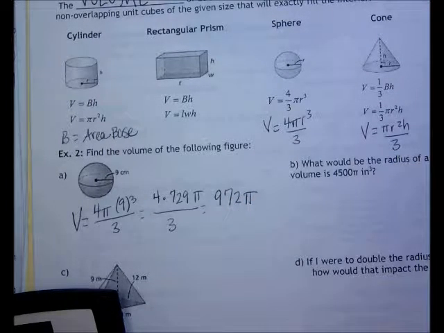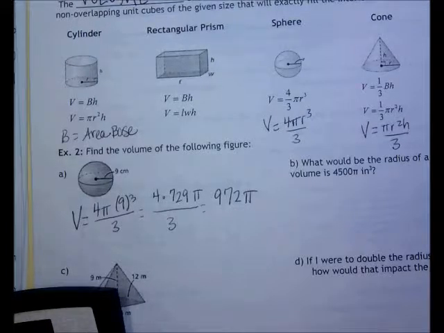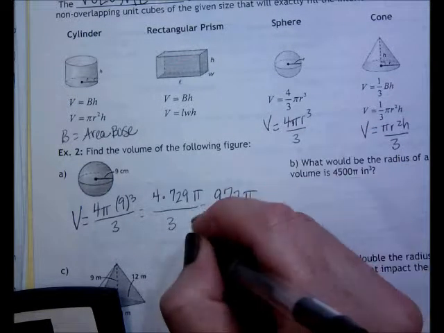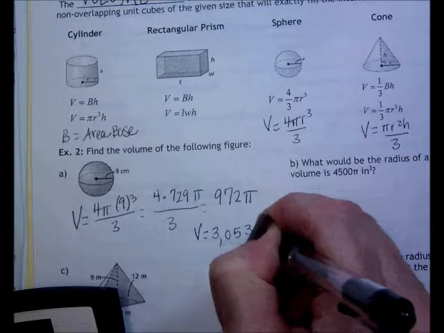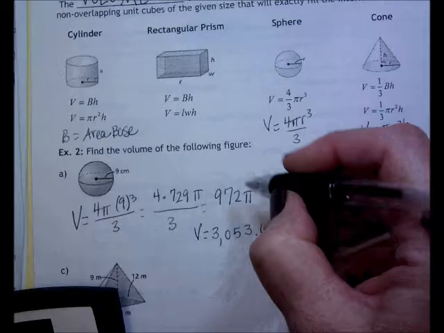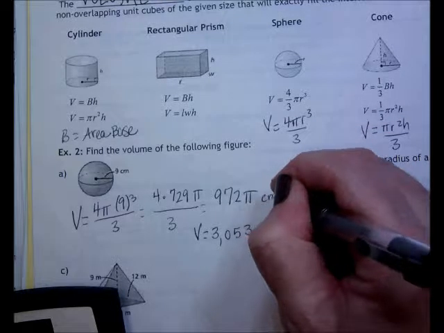That's in terms of pi. If I wanted to find the value of the volume, rounded to the nearest hundredth, I would just take 972 and multiply it by pi. And so that value, the volume, is 3053.63, and this is centimeters cubed.